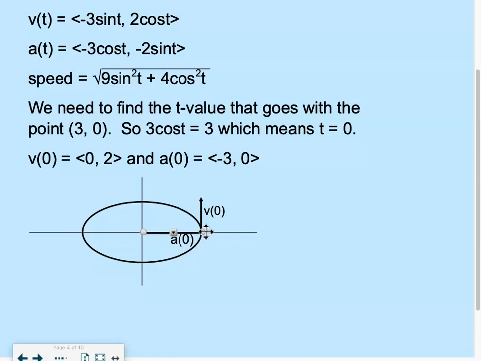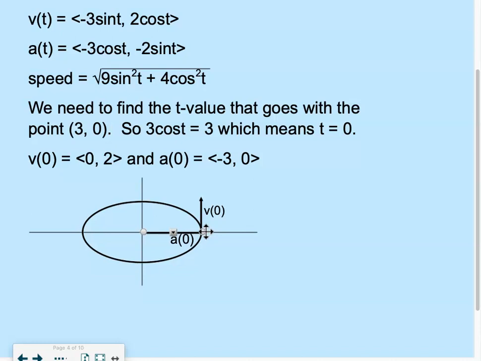Does that make sense? In your homework tonight, they make you find position, velocity, acceleration, speed, and then it's a multiple choice where you pick the graph with the vectors for velocity and acceleration at a point. And really, I just plot the point and then use my velocity vector and say, all right, which way would I be going?